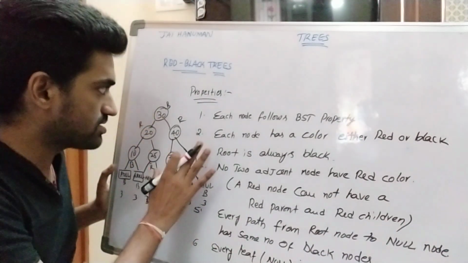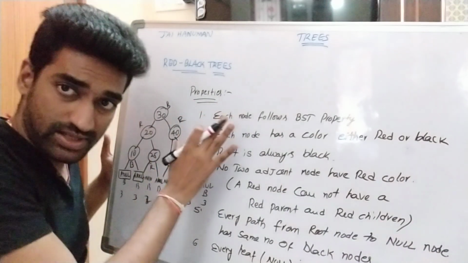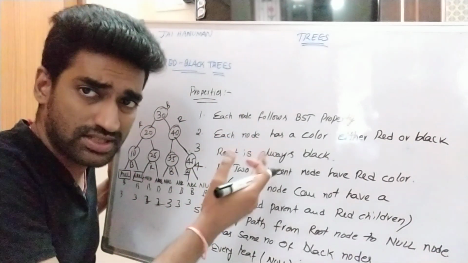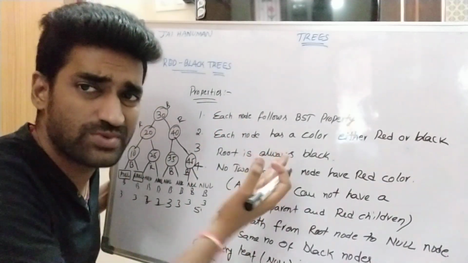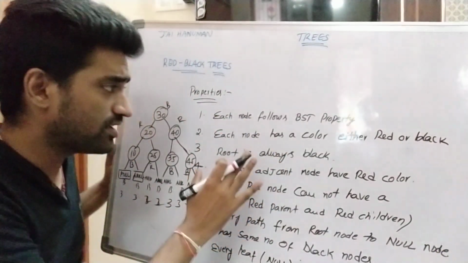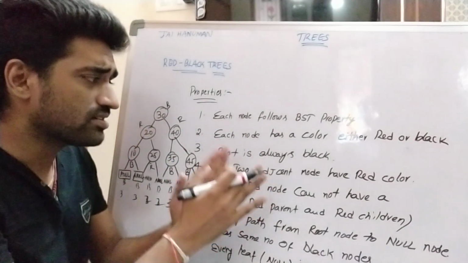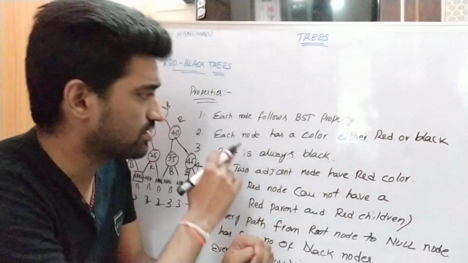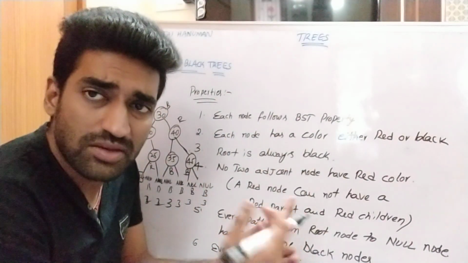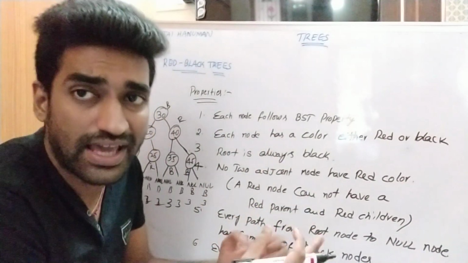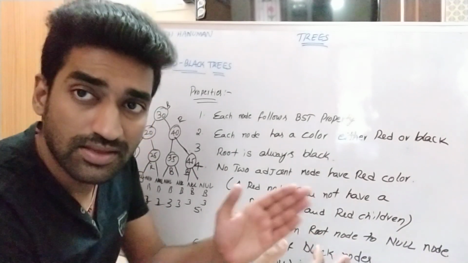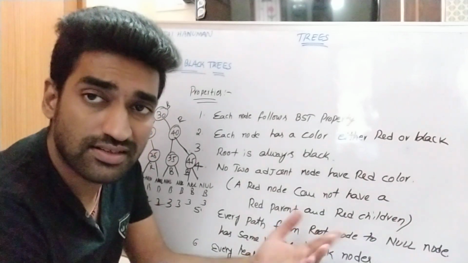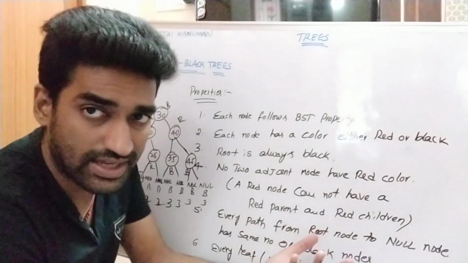Right? So these are the properties for red black trees. Based on these properties and some more properties, we can perform insertion as well as deletion operations. Here the major properties are: it follows the BST, each and every node follows the BST rule; each node must be labeled with a color, red or black; root is always black. There is no red parent, red child relationship.